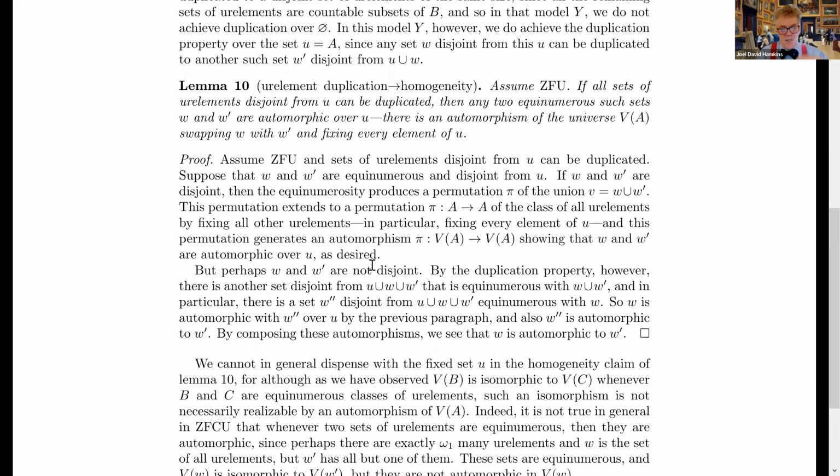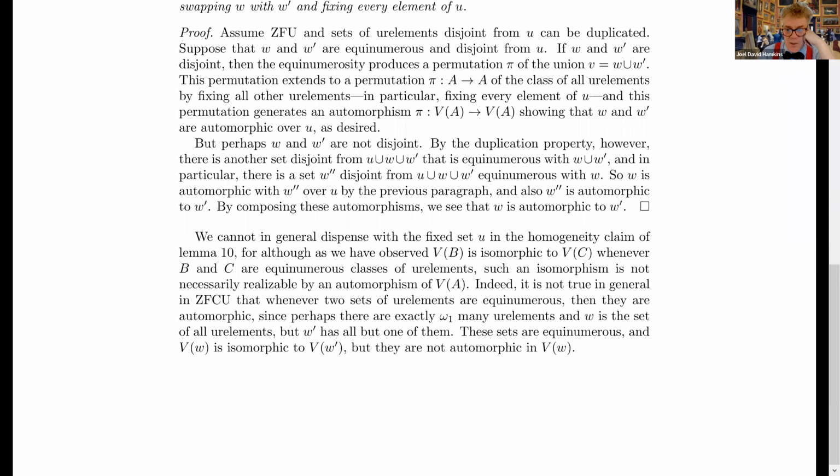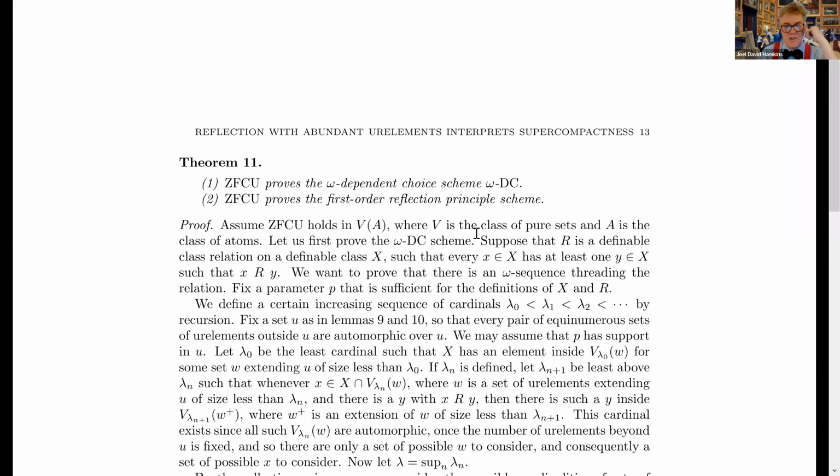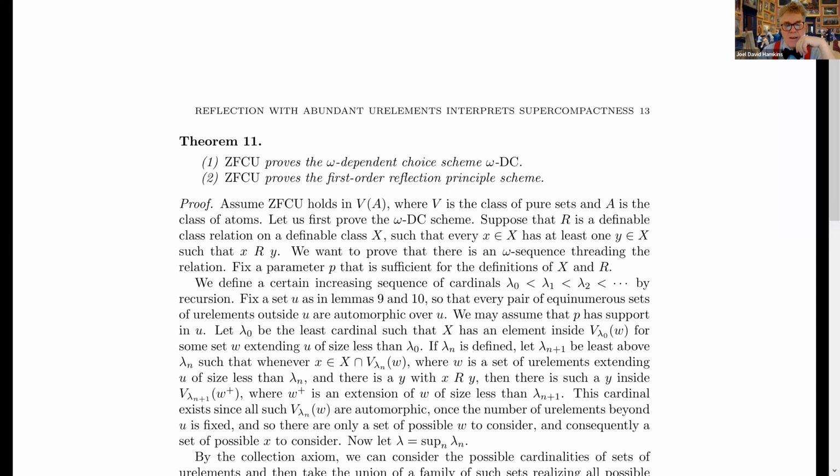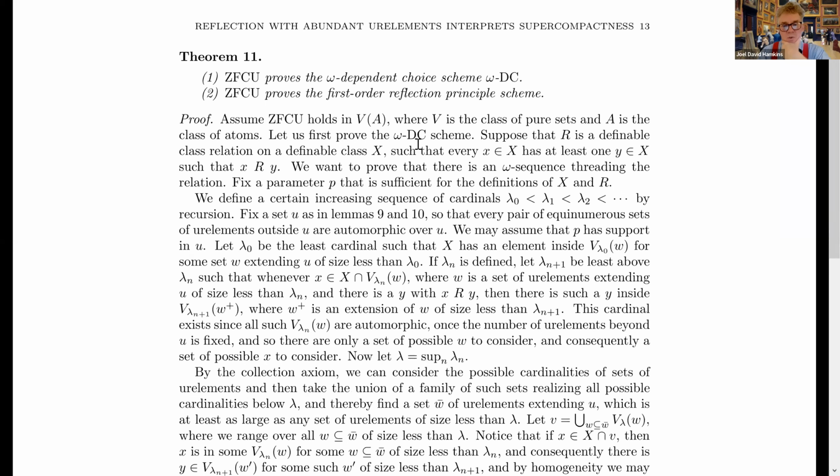Okay, so now using this homogeneity property, we can prove the reflection theorem, the first order reflection principle. First we can prove the omega DC scheme. So if you have a class relation and everybody's related to somebody, then we want to find an omega threading of it. The way you do that is you build a sequence of cardinals.